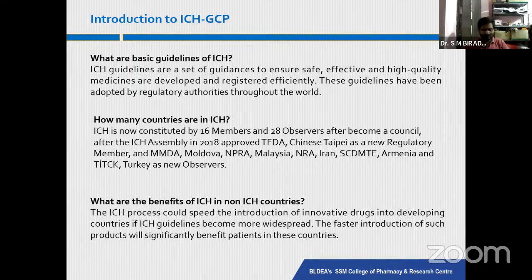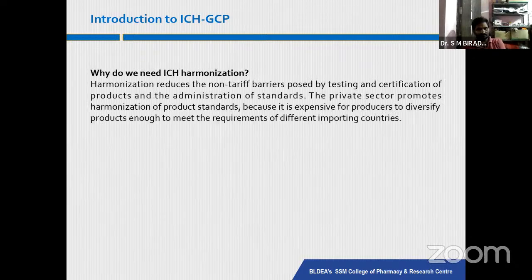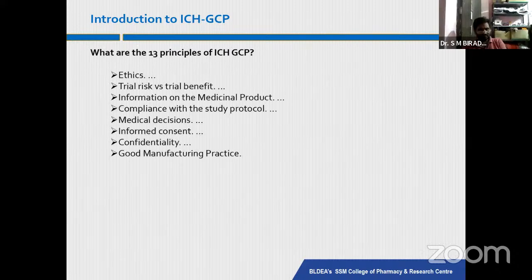As I told you, if a country is a member, we need to accept their product, and they need to accept our products, to avoid disagreement. So this is also why we need the ICH harmonization attitude. And there are around 13 principles they have developed for the ICH or GCP guidelines.